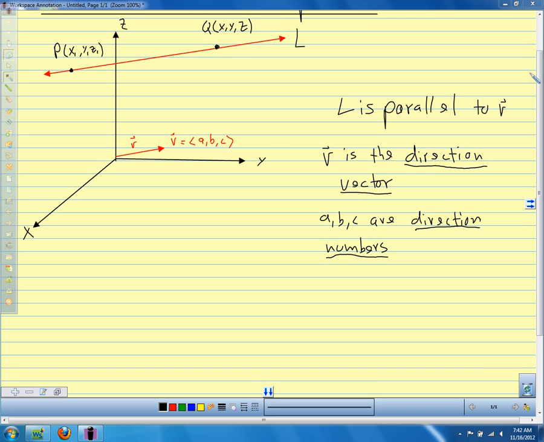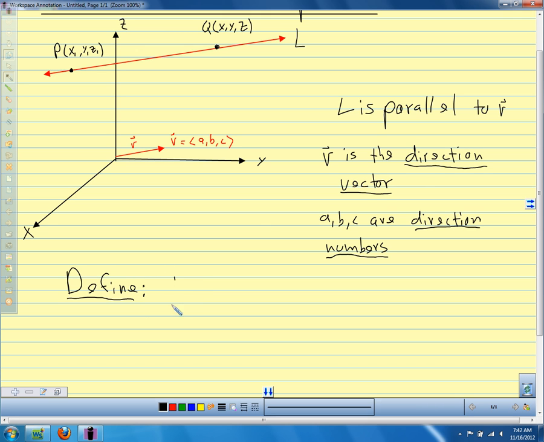So we're going to define a line in space. And the nice thing about a definition is that, once you make it your definition, as long as the mathematics behind it makes sense, then you just go with your definition. You make that your definition, then you're set.